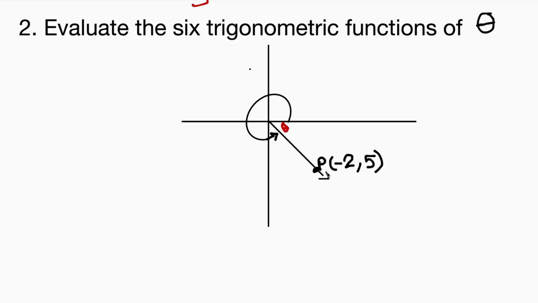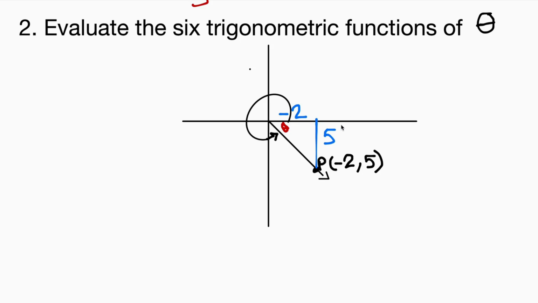What our point tells us is that this is one coordinate, so our x value is negative 2, and our y value is going to be 5.